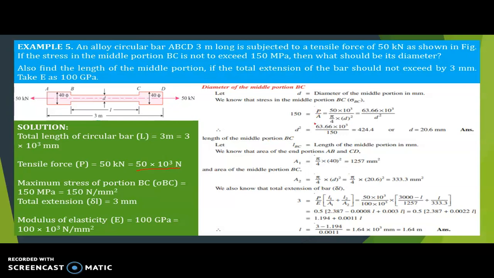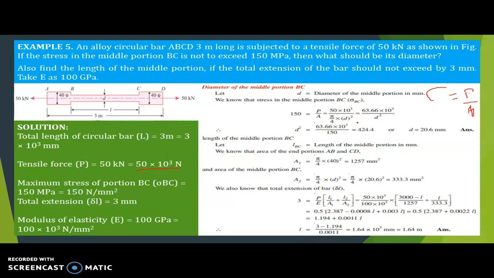Substitute here, and A is equal to pi by 4 into D square, right? This is because stress is equal to load divided by area, P divided by A. So 50 into 10 raised to 3 divided by pi by 4 into D square.